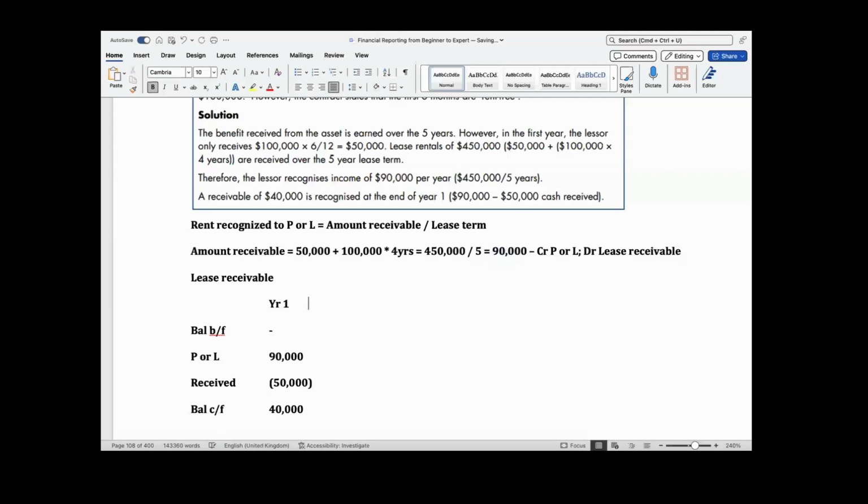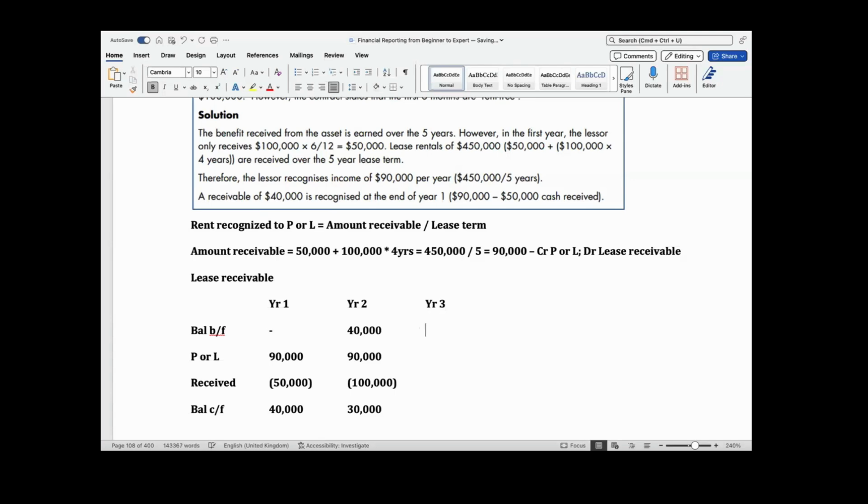So if I want to show you for the whole 5 years now, in year two, that means we'll bring forward this 40K. Again, in year two, you recognize 90K to P&L, but now we're going to collect 100K. By the time you do 40 plus 90 minus 100, your receivable becomes 30.